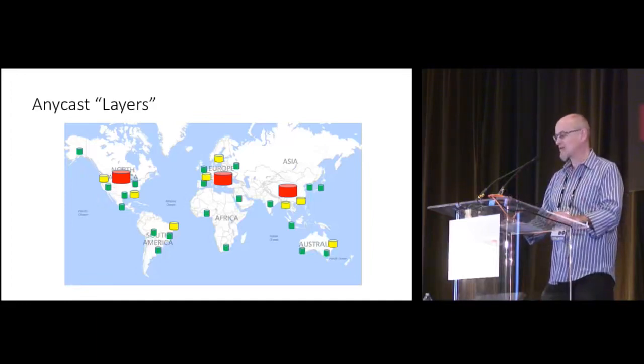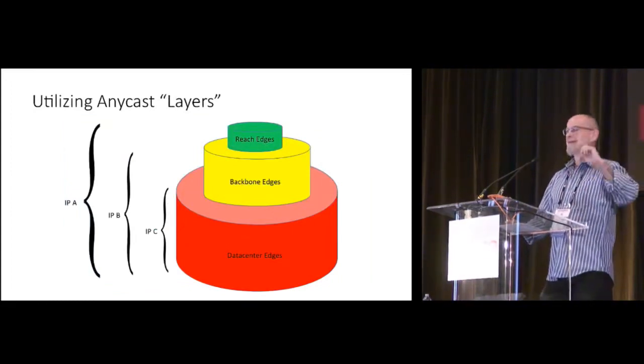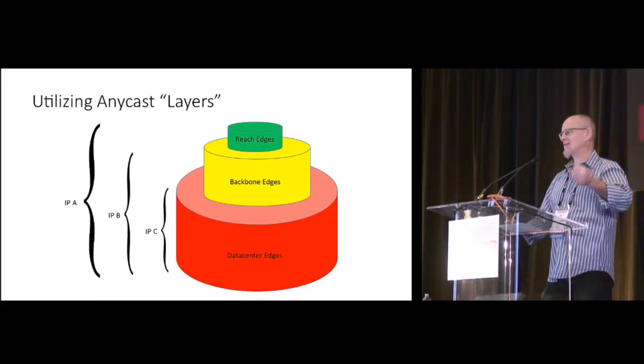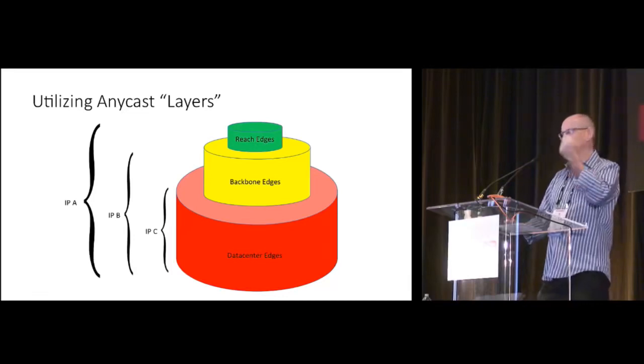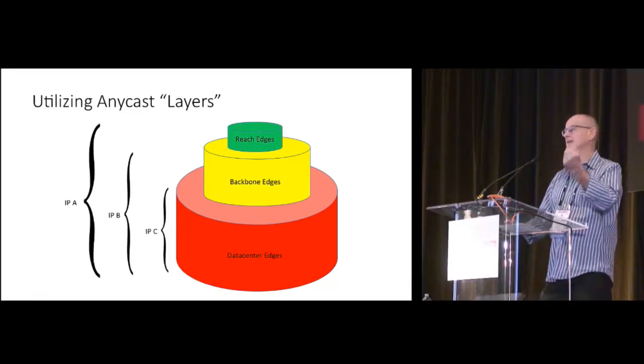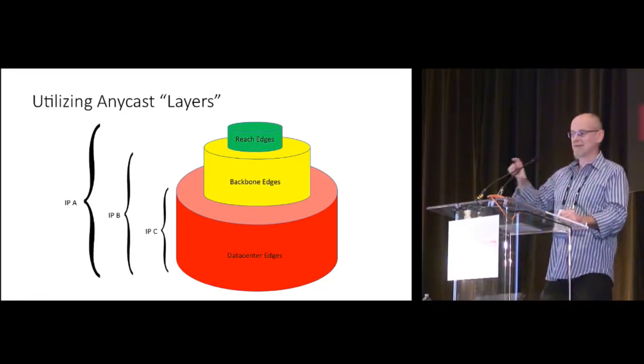Oh, I should have said on the previous slide, there are 3 IP addresses. The first IP address, IP-A, is announced from every edge we have, whether it's a reach, a backbone, or a data center. So as the client comes in, it will come to whichever server is closest to it. And then we have another IP address that DNS could choose to give out that has only the backbones and the data centers.